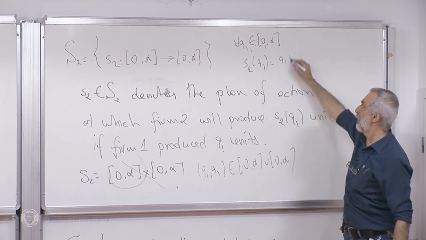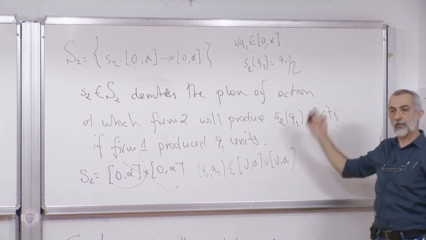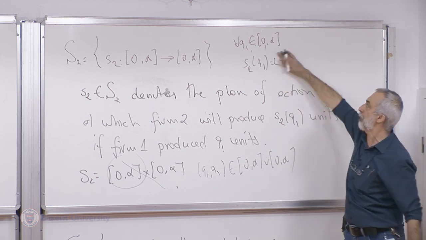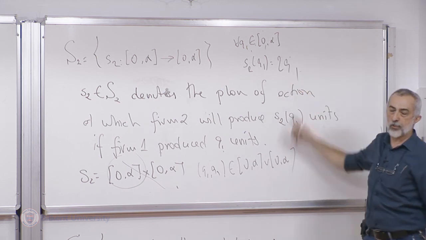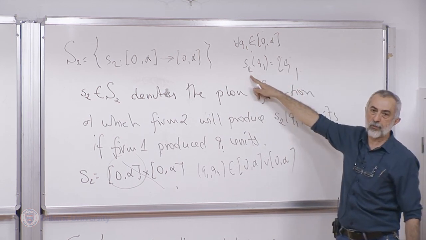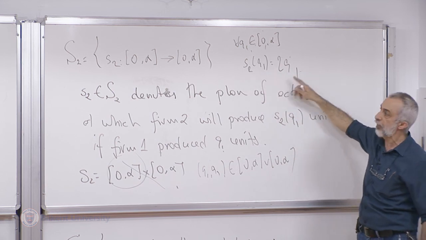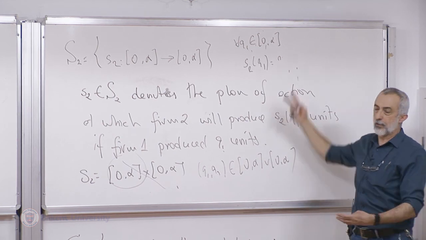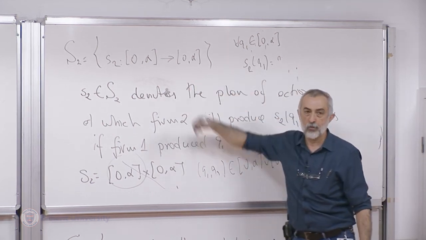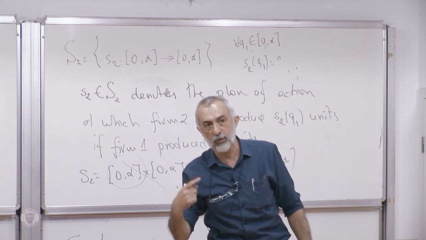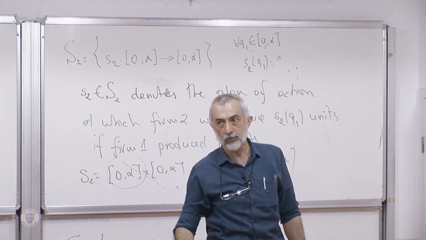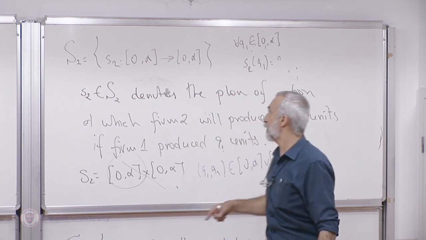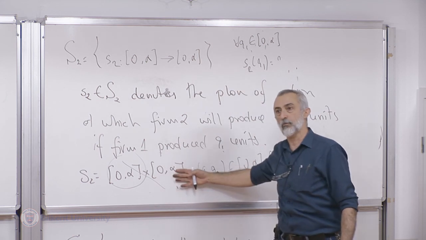Yes, that's a strategy. Can they use such a plan? No, because if Q1 is equal to alpha, then the amount that firm 2 should produce becomes 2 alpha. It's not in the set. So that's not allowed, not because it's not rational, but because it's not feasible. When you're writing strategies, you have to be careful. The question you should ask is what can they do, not what they would do. That's the question we will answer once we finish modeling the game.